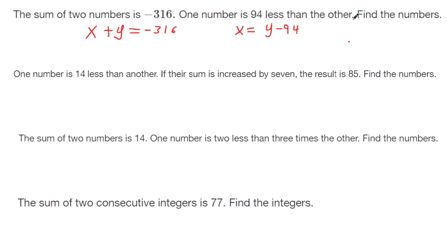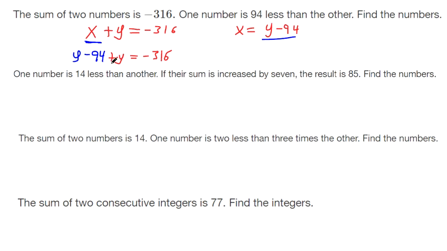So we're going to use the same thing that we just did in the last problem. Look, this is what x is. So instead of the letter x, I'm going to put y minus 94 in its place. Okay, and now we have an equation we can solve.